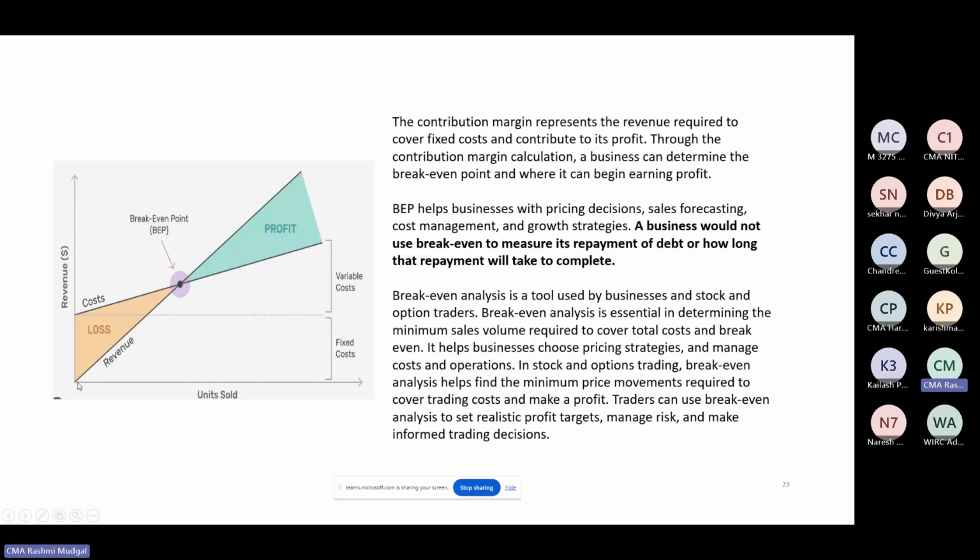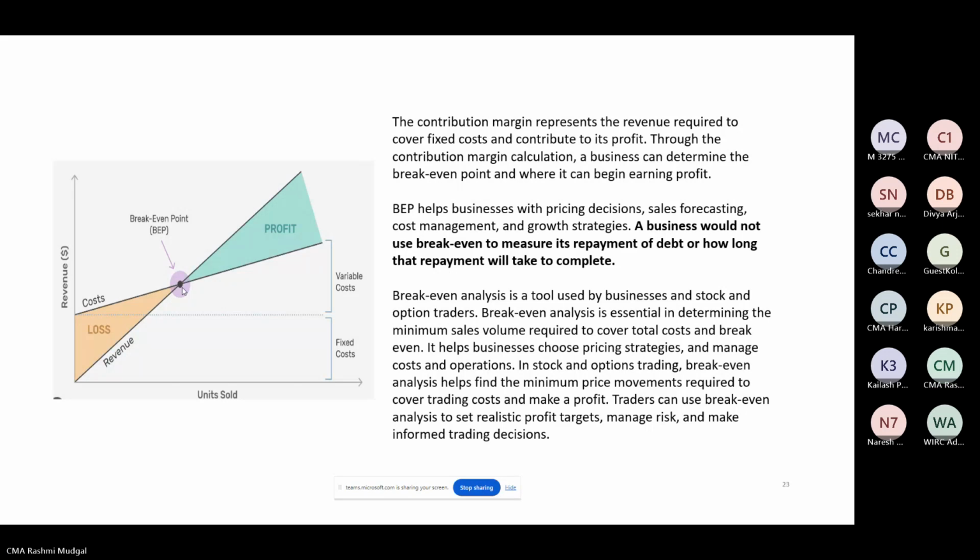Now I come to the revenue, where I get a profit after the point where the cost intersects with the revenue. So at this point, where my cost equals revenue, is my break even point. But break even point is taken only for profit earning purposes. It is not a measure of debt repayment or how long the repayment will take to complete.